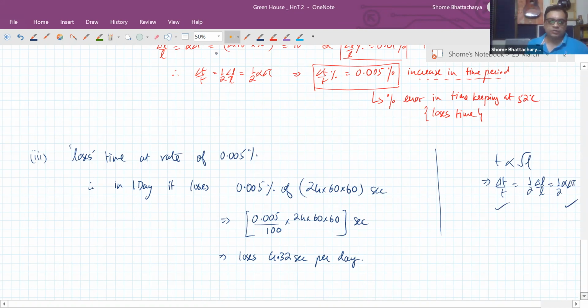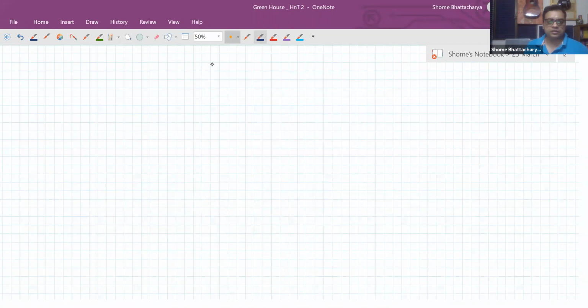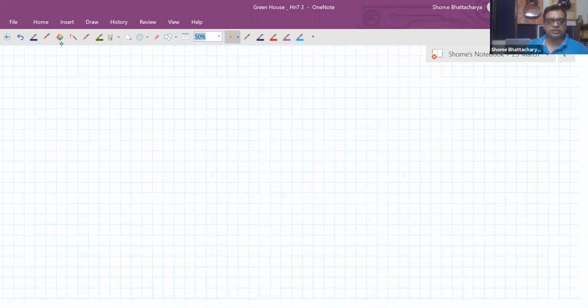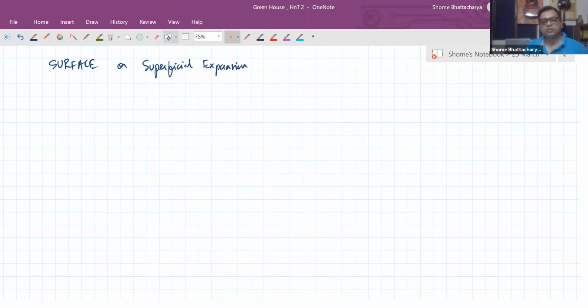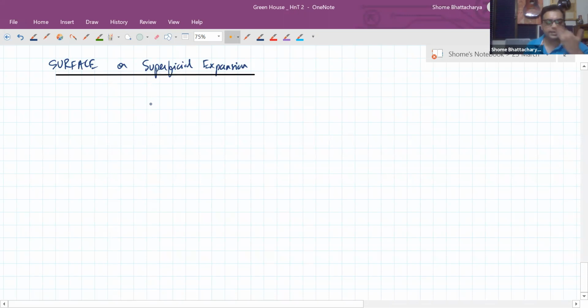Okay. Now let's move on to the next part, which is surface expansion first and then volume expansion. Surface, or sometimes it is also called superficial expansion. They both mean one and the same thing. So suppose A is some surface area.